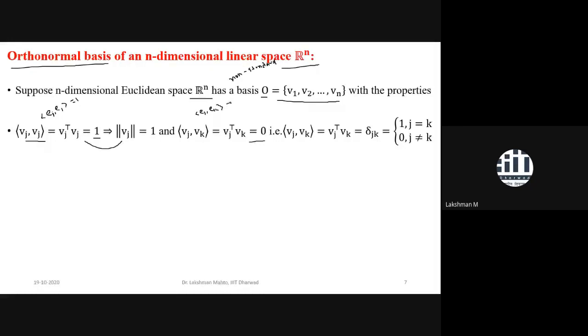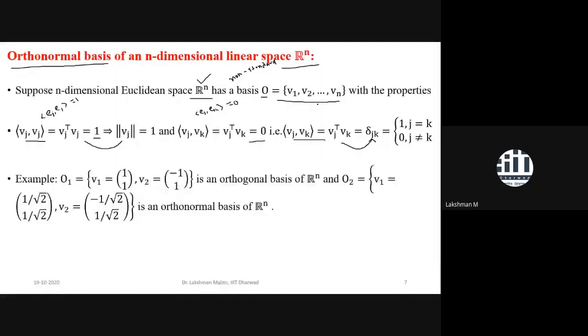Such a basis we call an orthonormal basis of the given linear space Rn. So the inner product of Vj with Vk we can define with the help of the Kronecker delta. But these Vi are not the Ei, they are other vectors.